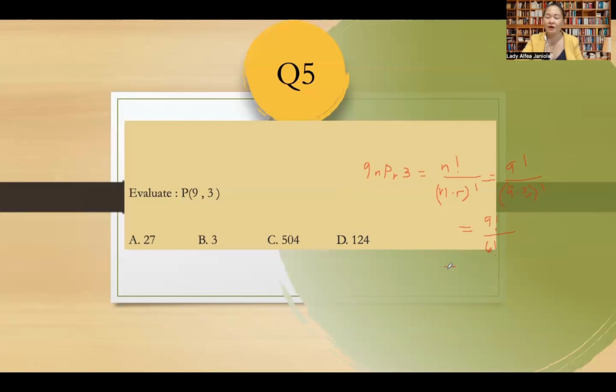So therefore, from 9 factorial, 9 times 8 times 7, since 6 factorial over 6 factorial, you will cancel this one. So it cancels. So remaining there is 9 times 8 times 7. So the answer is 504.